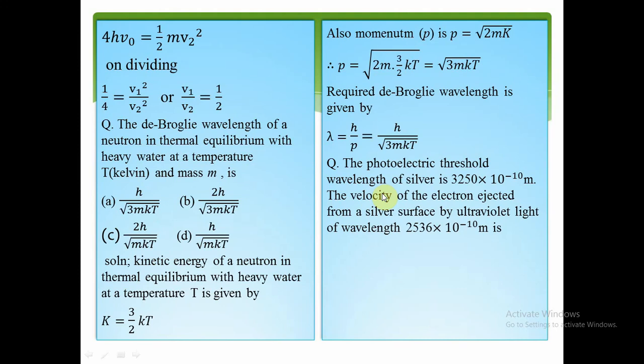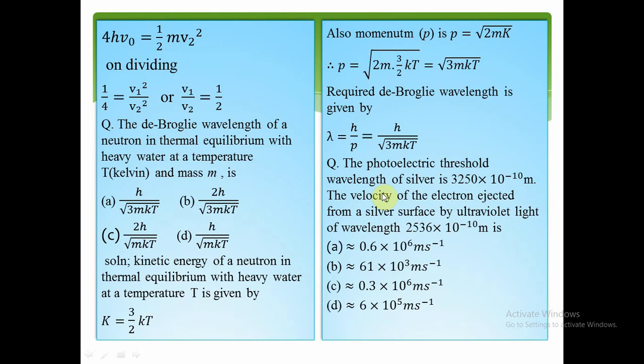Next question. This is for homework. Question and answers are given here. The photoelectric threshold wavelength of silver is 3250 into 10 raised to minus 10 meter.